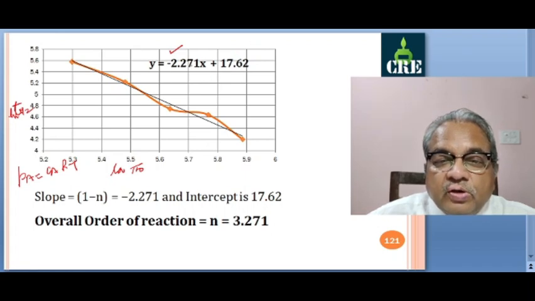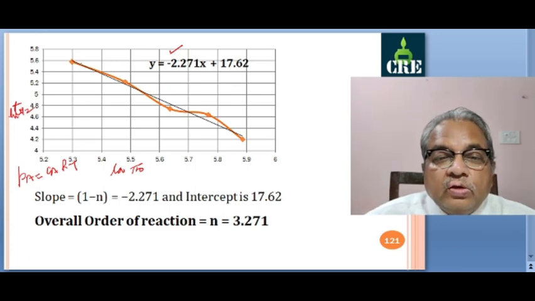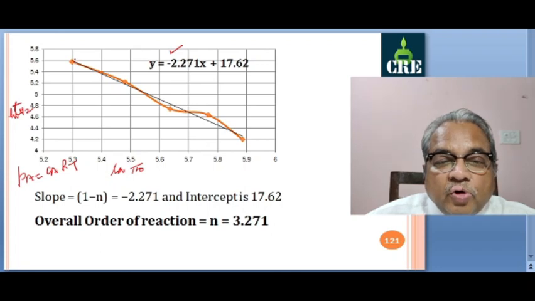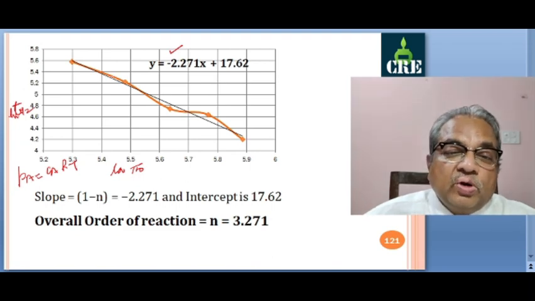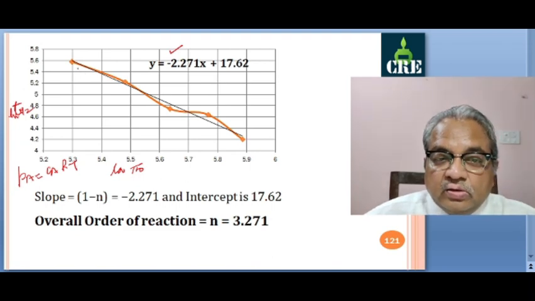This is the y-intercept, and the magnitude of the slope is 2.271. You can see this is the best fit line drawn in Excel. If you look at this best fit line, only one point is lying on this line. So the best fit line is not the line passing through the maximum number of points. Here only one point is fitting.